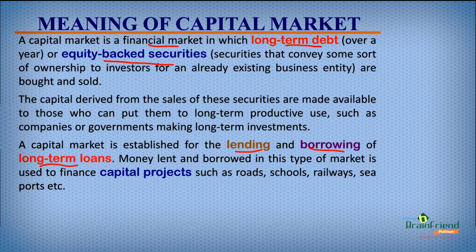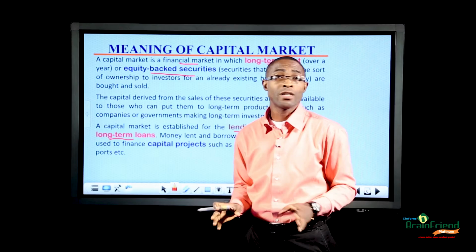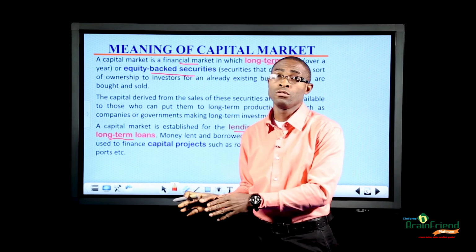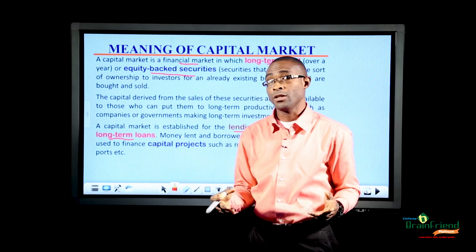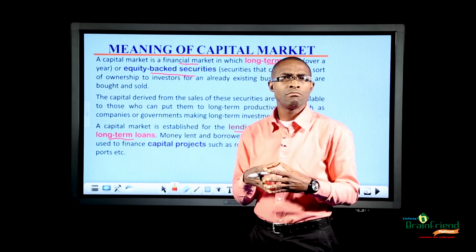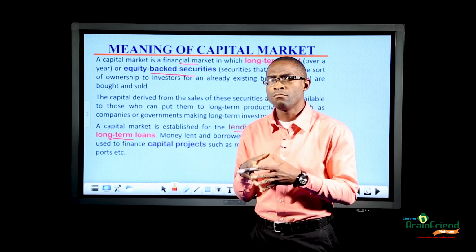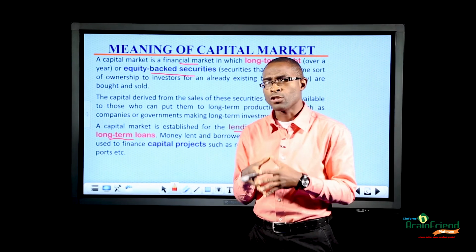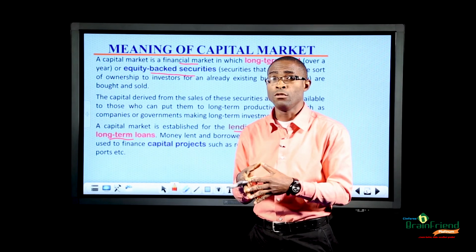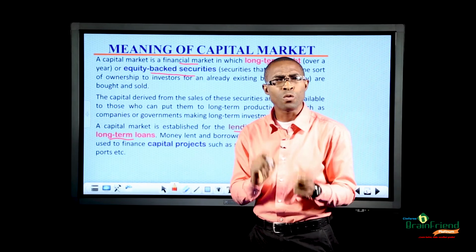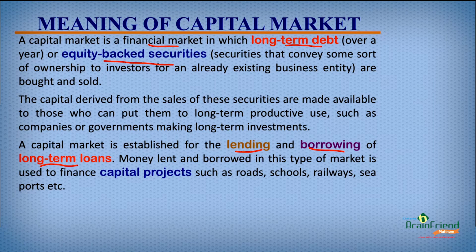These loans are used for capital projects. You cannot use a short-term loan to execute capital projects because you're looking at millions and billions of naira. That's why it is called long-term loans, because you require a long duration of time to offset this loan.